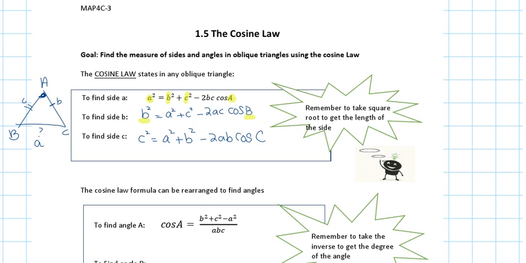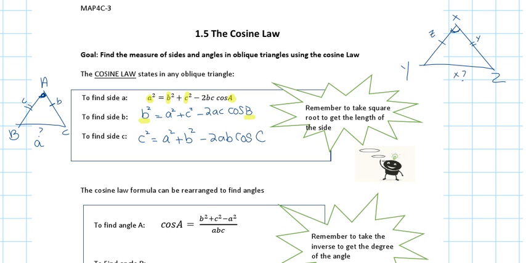Are we okay with this? Again, the formulas will be given to you, but I want you to be able to understand if I give you X, because the formula will be given to you in A, B, and C. But what if I gave you X, Y, and Z? I gave you side Z and side Y and angle X, and I asked you to look for side X, right?